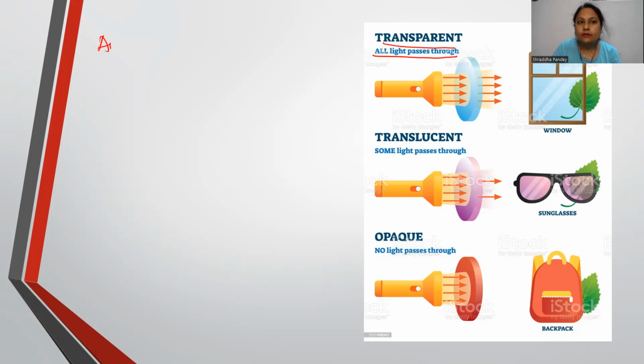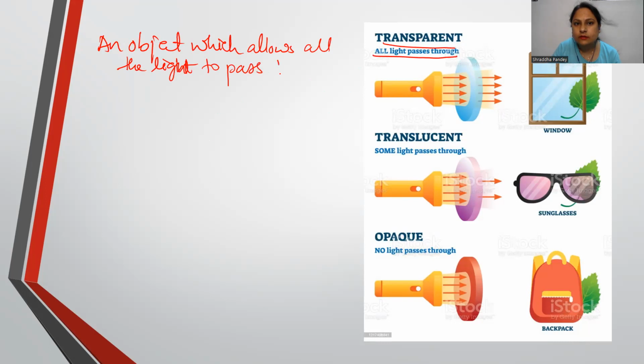An object which allows all the light to pass through it is called a transparent object.